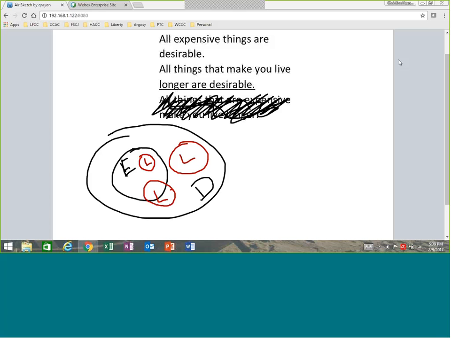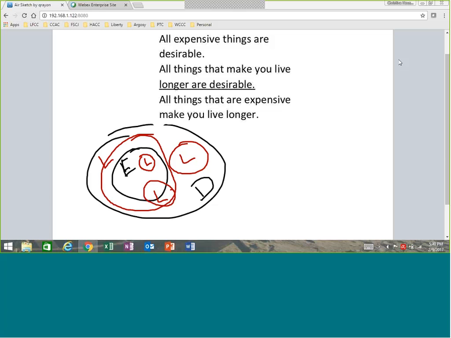Now I'm going to read the conclusion and see if anything is contradicted or not. Let's see. All things that are expensive make you live longer. Oh, there's another possibility, by the way. What about this one? I didn't even draw that. Could be like that. Yeah, it's real important that you get all of the possibilities.